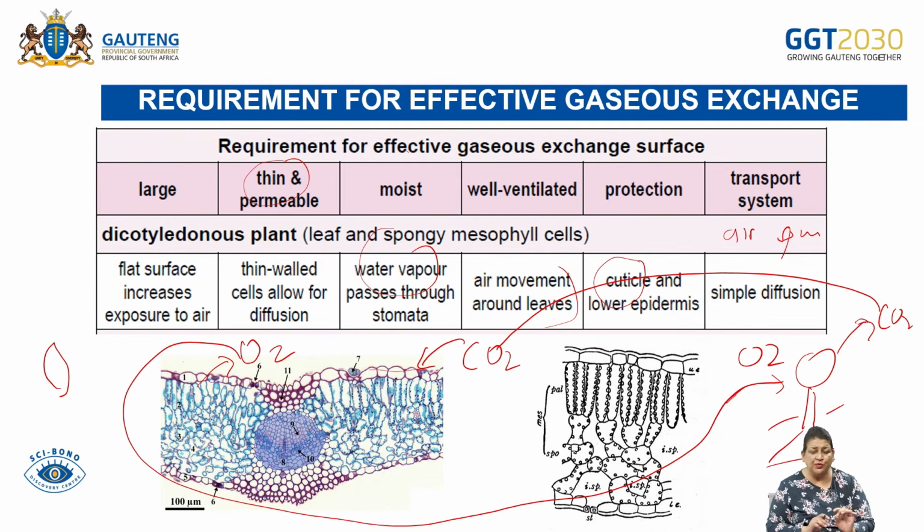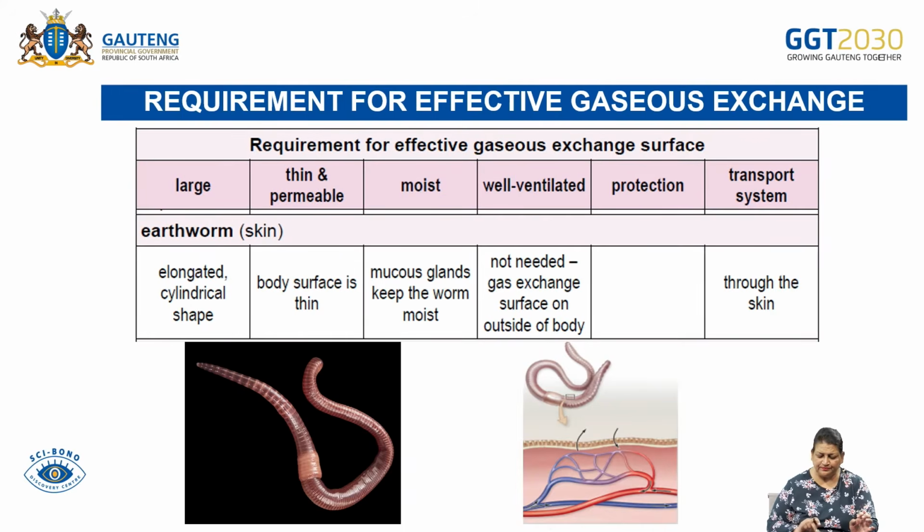Then we have a transport system, which is actually specialized air spaces that allow gases to move in and out. That is transport. The leaves are well protected by a cuticle and epidermis, and then the leaves are in direct contact with the air for gaseous exchange, and also the bottom of the leaf is moist because it's in the shaded part, so that gases can enter in a solution form.